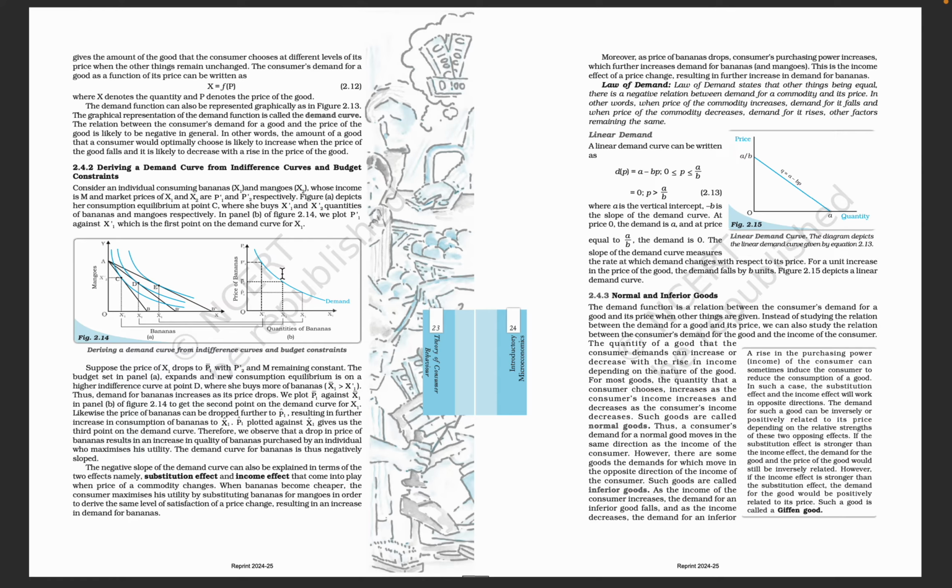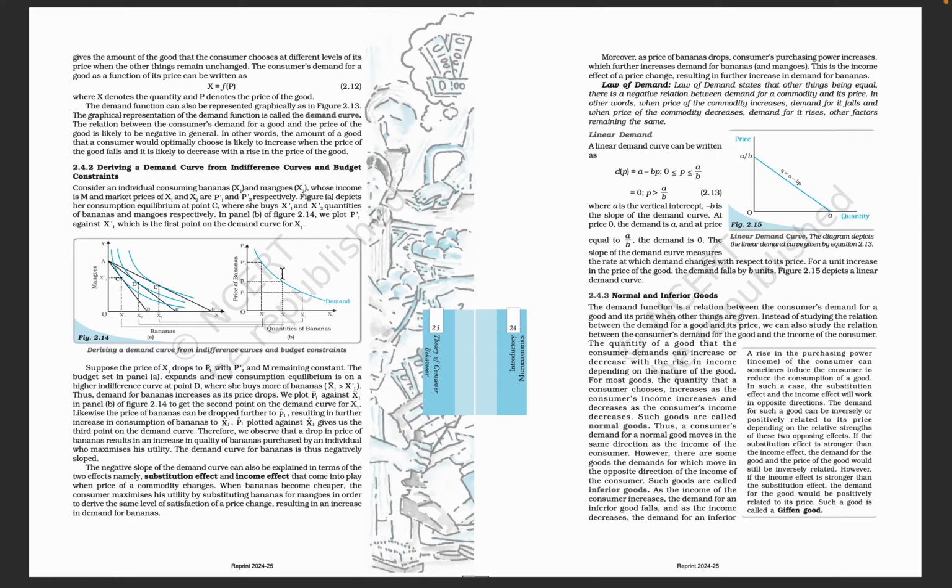The budget set in panel A expands, giving a new consumption equilibrium on a higher indifference curve at point D, where she buys more bananas. Thus, demand for bananas increases as the price drops. We plot p1 against x1 in panel B to get the second point on the demand curve for x1.